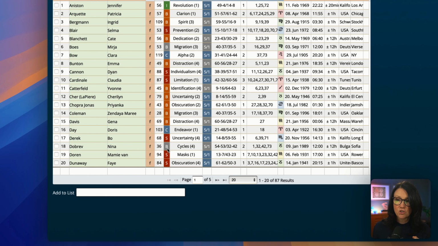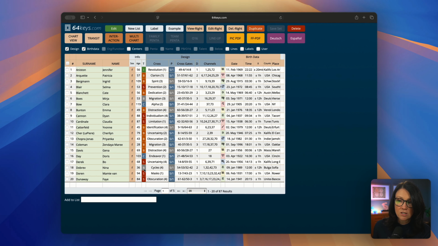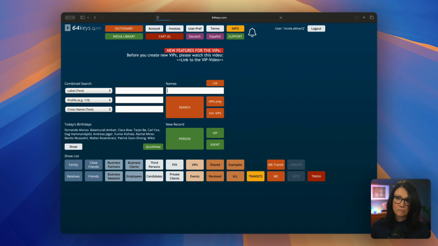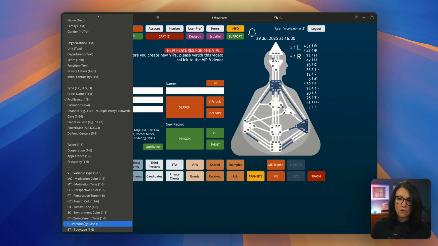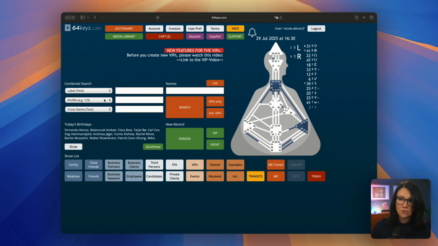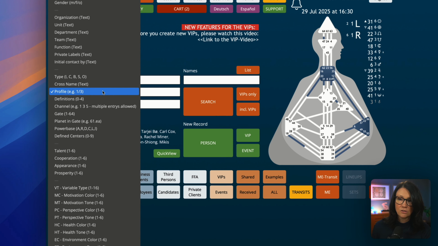And also the type here it says, for example, for this person, she could be a builder, but it's not sure. It even shows you the percentages, so 64% chance that she is a specialist and 36% chance that she's a builder. So you can combine these search functions for all these elements here. You could also say you're looking up a planet in a gate.